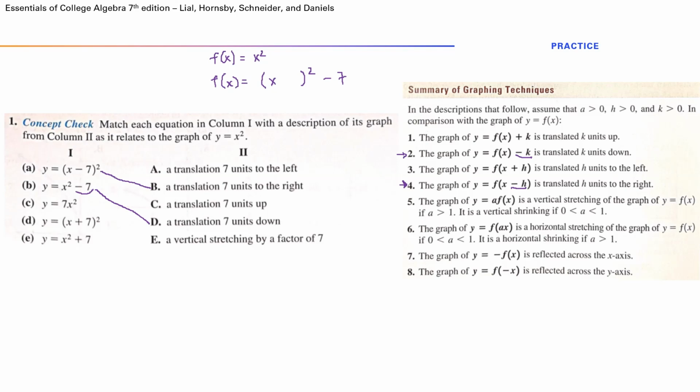So B with D. And then we have 7 times x squared. 7 is a constant, so that is a times f of x, a times x squared. And 7 is greater than 1, so that will be vertical stretching by a factor of 7. So C with E.